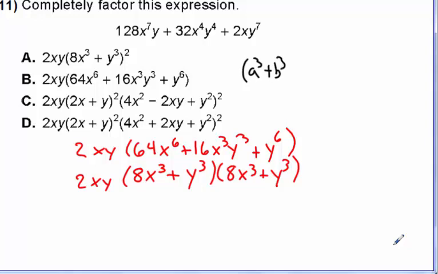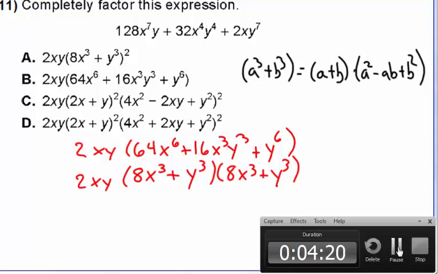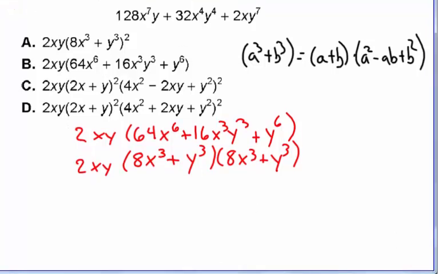So when it's addition, it would factor to a plus b, a squared minus ab plus b squared. So if you think about rewriting this, we would have 2x cubed and y cubed.